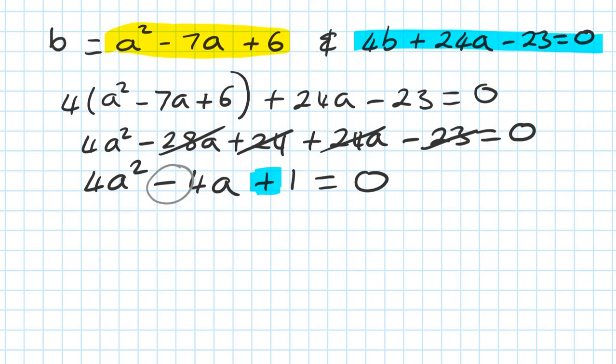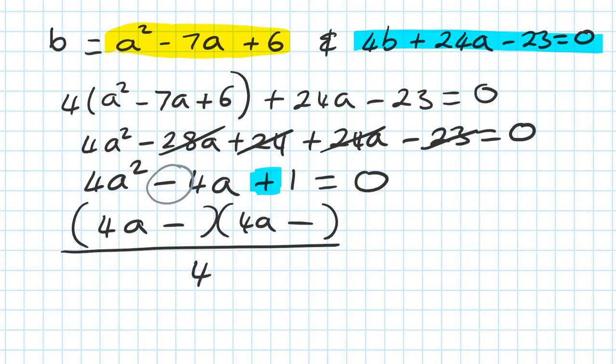Now I have 4a squared, so I use this technique: 4a minus, and 4a minus, then divide by 4. Because the coefficient is 4, 4 times 1 is 4. What times what gives me 4 and adds to give 4? 2 and 2, of course.